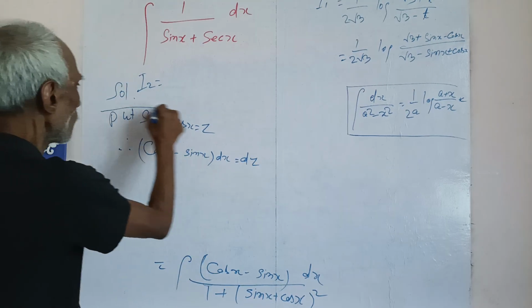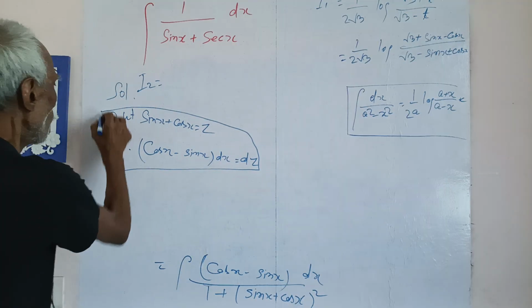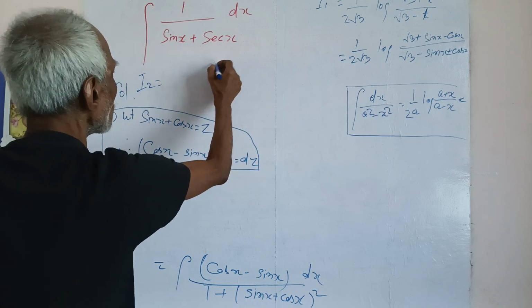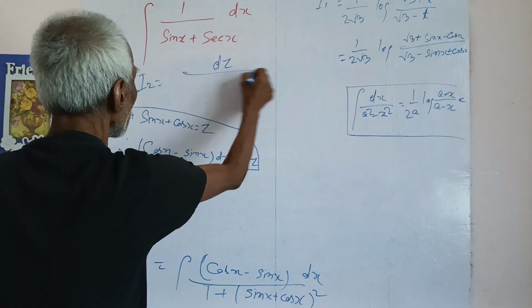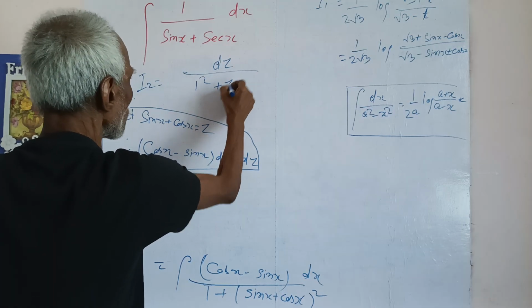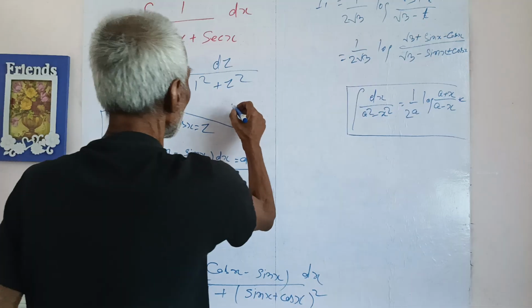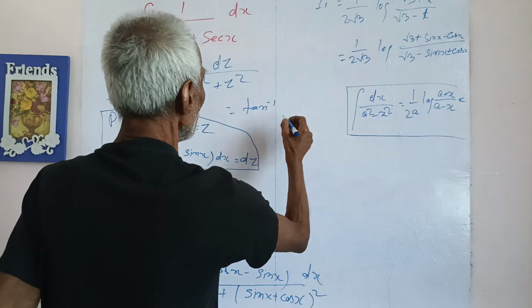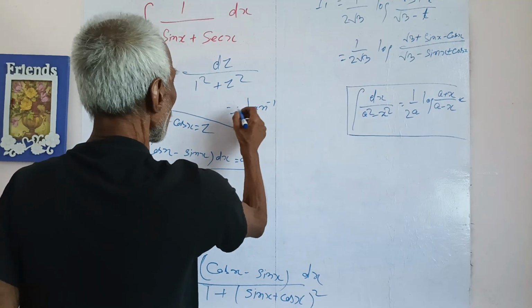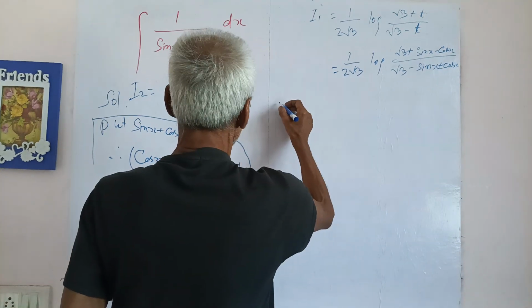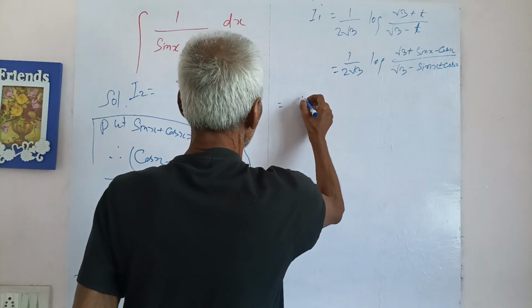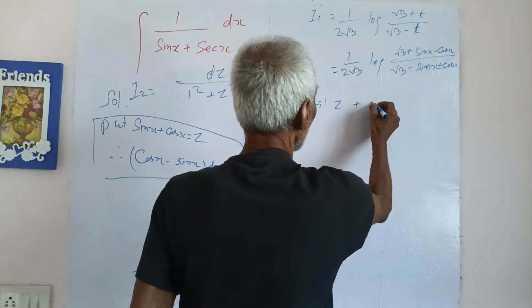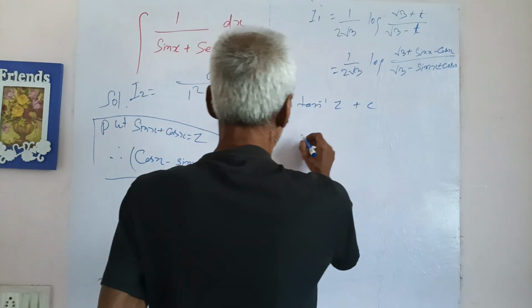So write I2 is equal to dz by 1 square plus z square, which is equal to tan inverse z plus c. Look at the formula here.